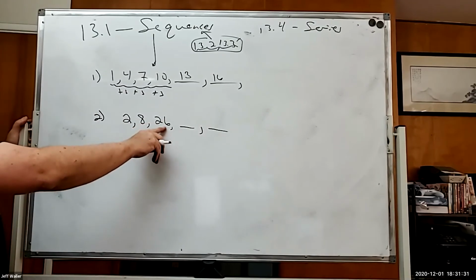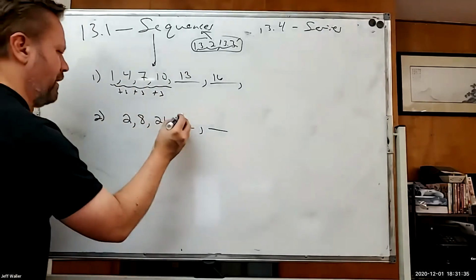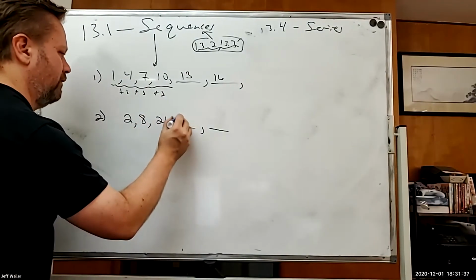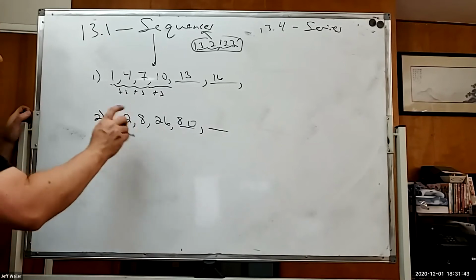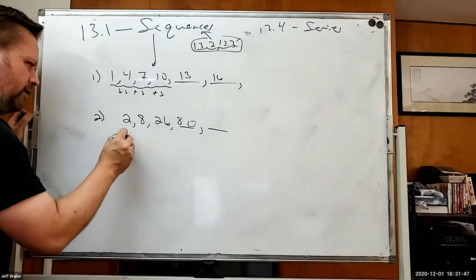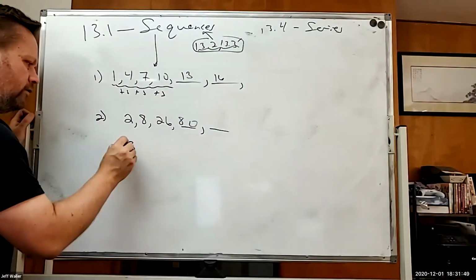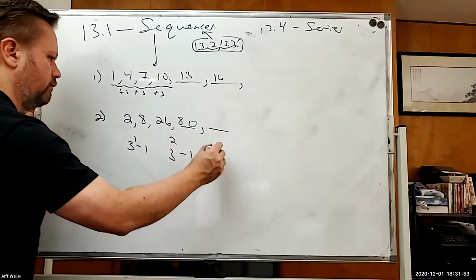26 times 3 is 78. Of course it's the same thing. Here's the way I created this: 3 to the first minus 1, 3 squared minus 1, 3 cubed minus 1.